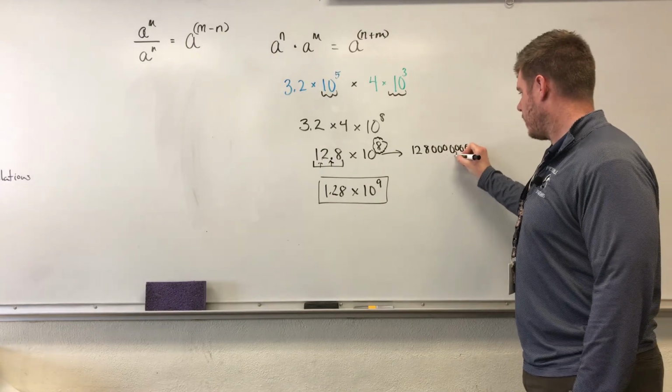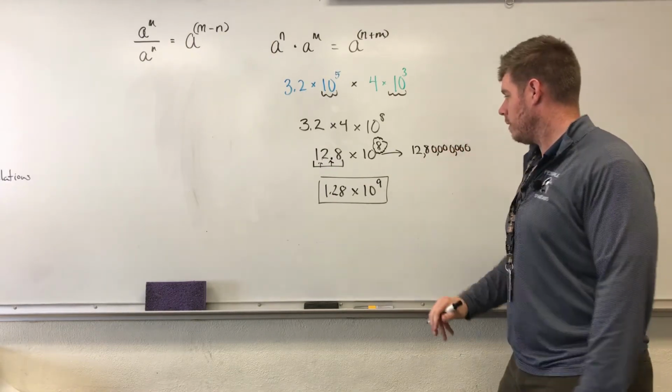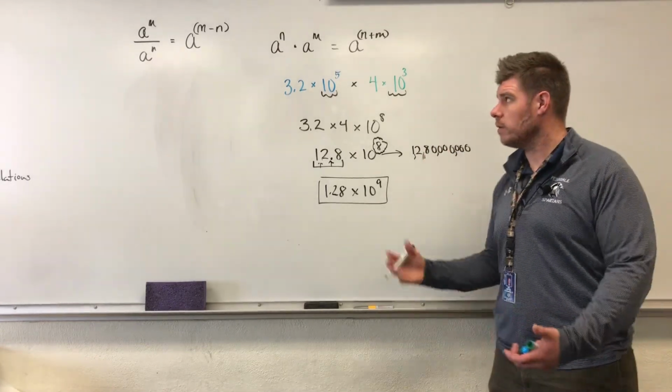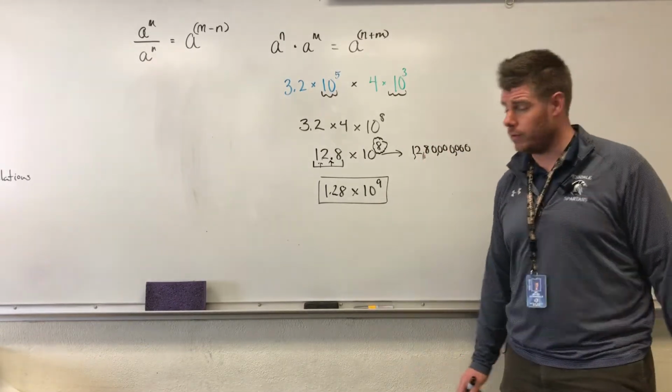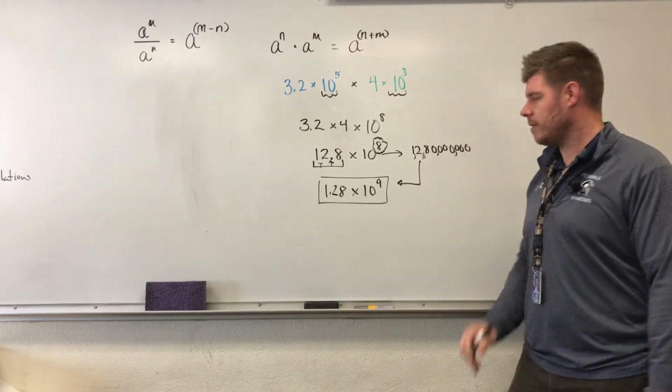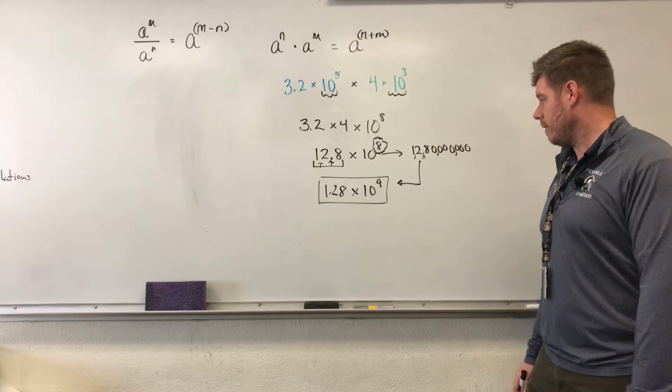If you type that in the calculator, this is the number you would get: 1,280,000,000. So that would be your final answer if you didn't want it in scientific notation anymore. If your teacher does want it in scientific notation, then you'd convert back to this.